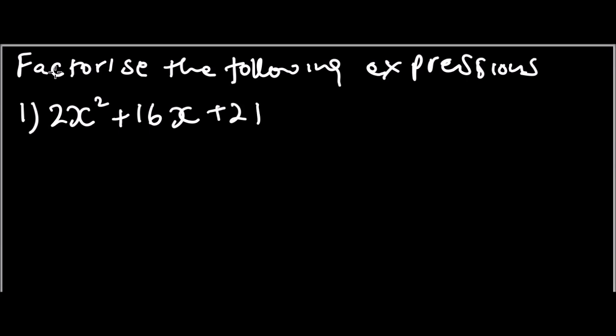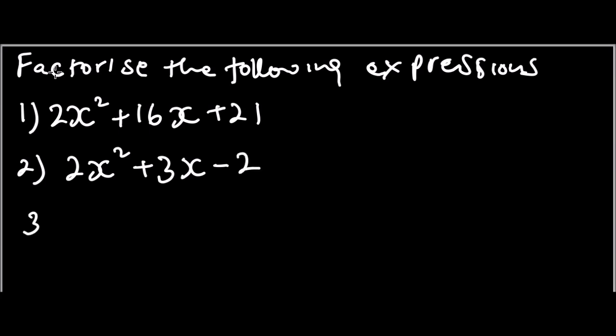So that's one of them. You can try this one: 2x squared plus 3x minus 2. We have number 3. You'll be able to factorize number 3, 5x squared minus 21x plus 4. So you can do that.